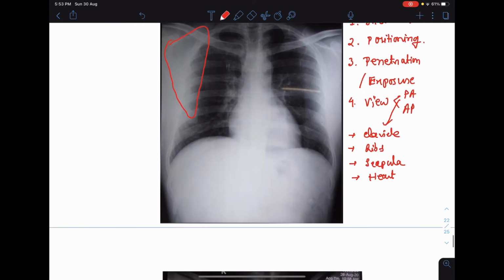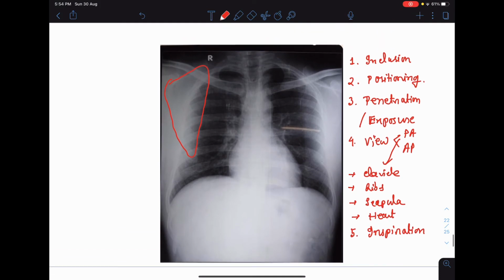Finally, we should see if the film is an inspiratory film, or it is an expiratory film. Fine. So how do you know if the film is taken during inspiration, or at the height of inspiration?